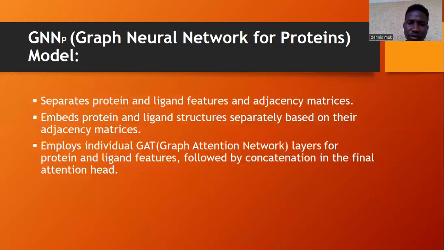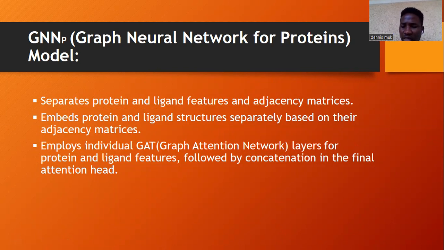We shall also look at the GNNP, which is graph neural networks for proteins as a model. This one separates protein and ligand features and adjacency matrices. It embeds protein and ligand structures separately based on their adjacency matrices. This employs individual GAT, which is graph attention network, layers for protein and ligand features, followed by concatenation in the final attention head.